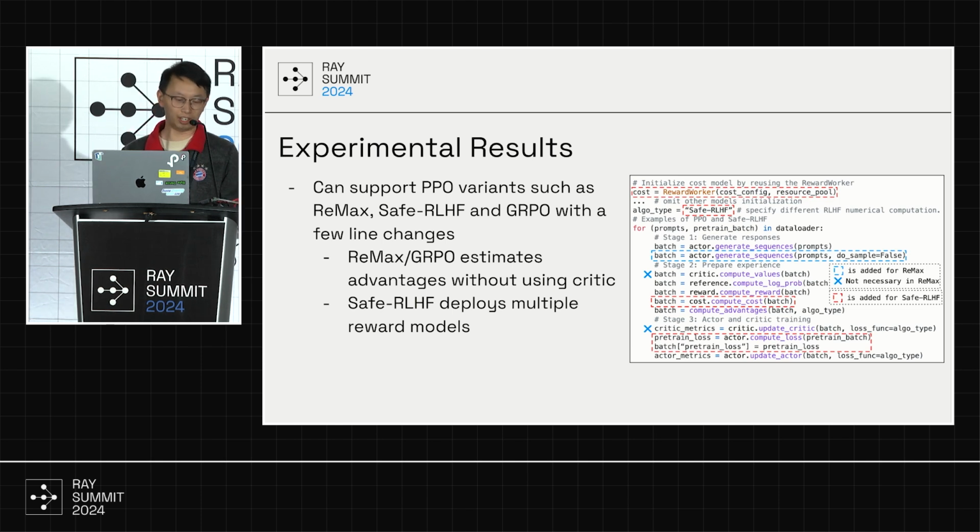And for Safe-RLHF, which deploys multiple reward models, we can simply add reward model worker groups for another set of reward models, call the same API on this single process, and then combine the rewards in the way described in the research paper.